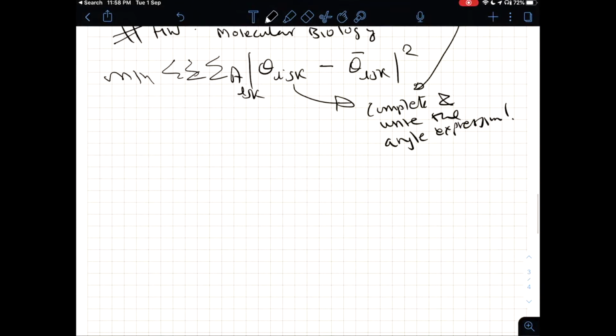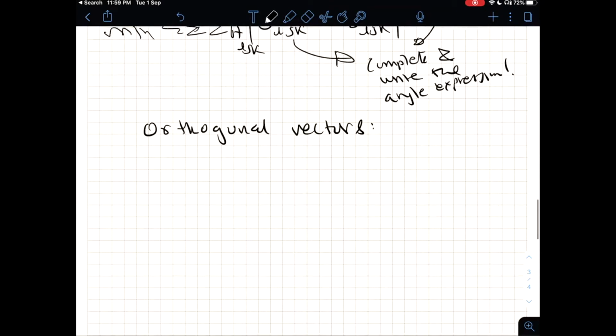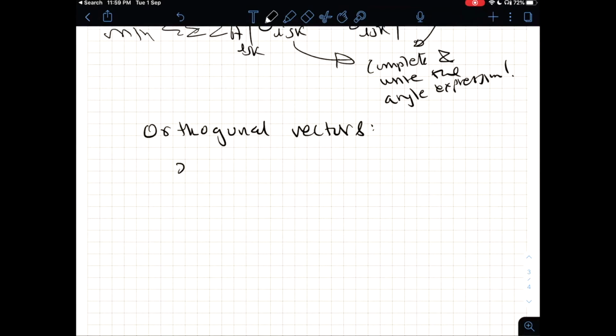Okay. Now that you know the angle between two vectors in an n-dimensional space, the next thing is the definition of orthogonal vectors. What are orthogonal vectors? Two vectors x and y are orthogonal if they are perpendicular to each other, that is, the angle between them is 90 degrees, or in other words, cos theta is 0.